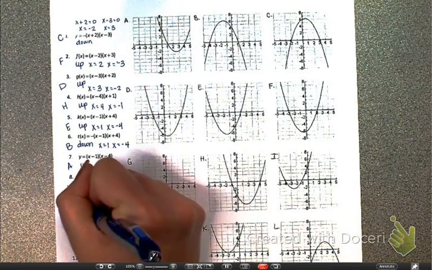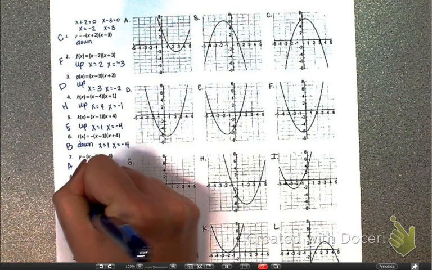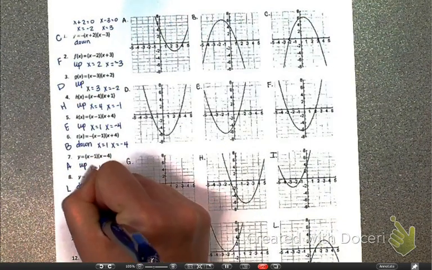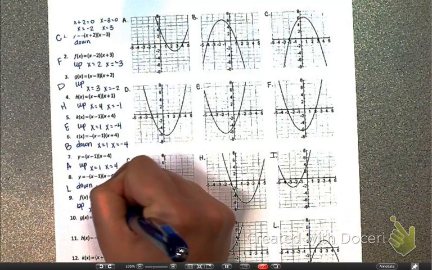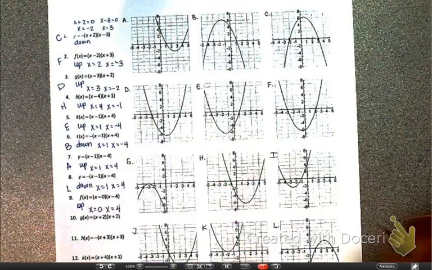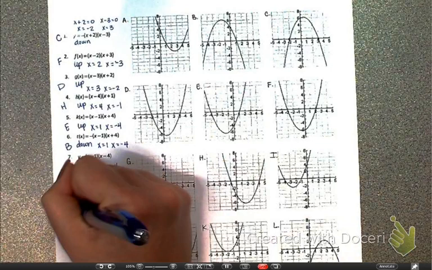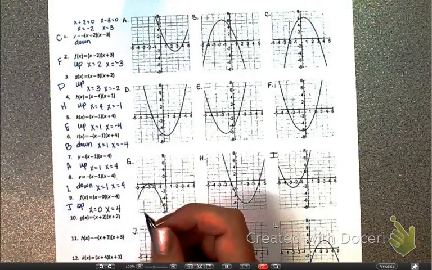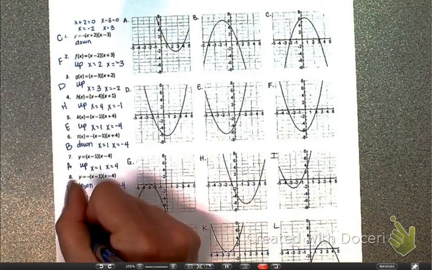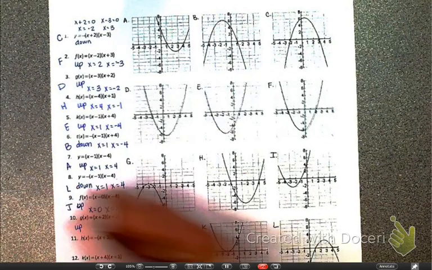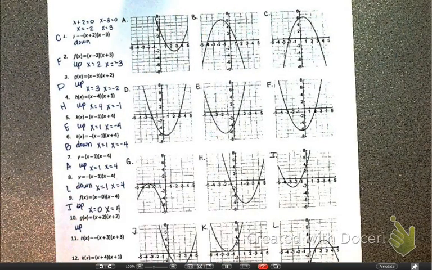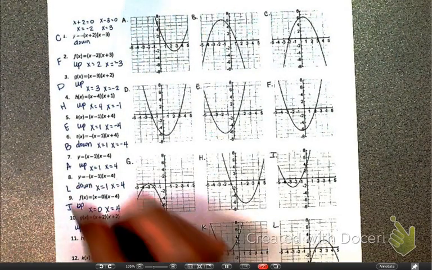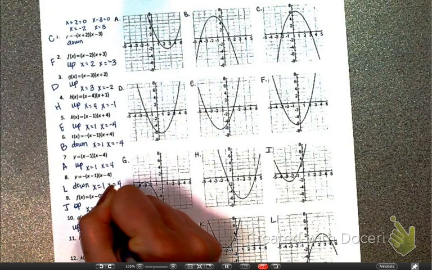Number 9 opens up. What are my x-intercepts here? 0 and 4, which means you should have graph J. Number 10 opens up. What is my x-intercept for number 10? -2 only. They're both the same, right?